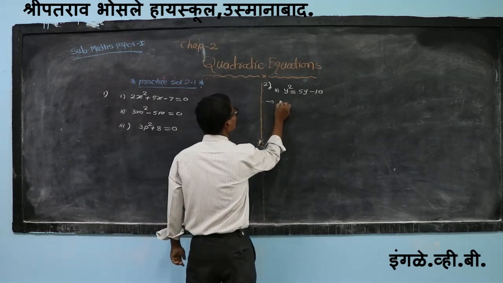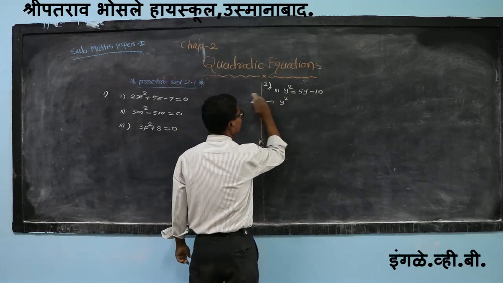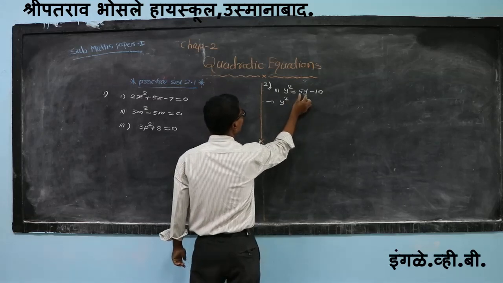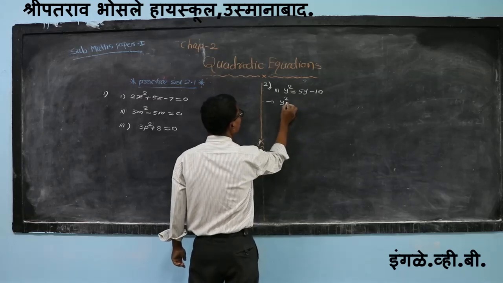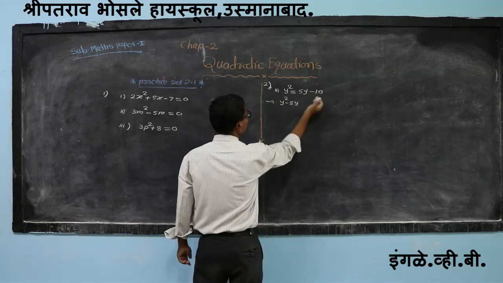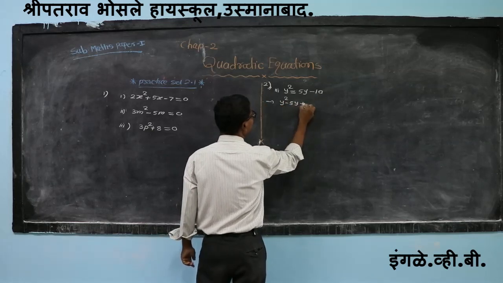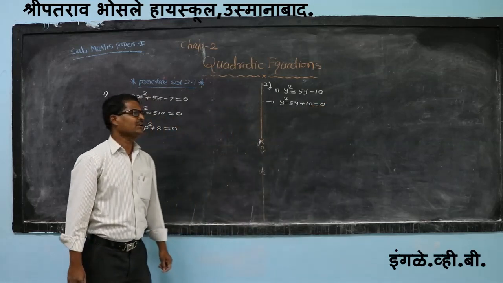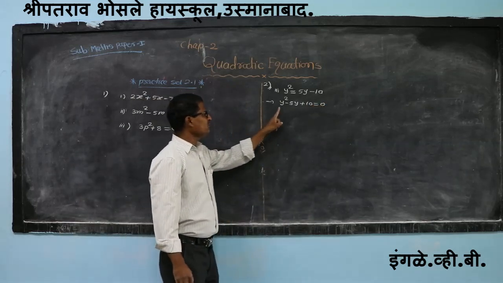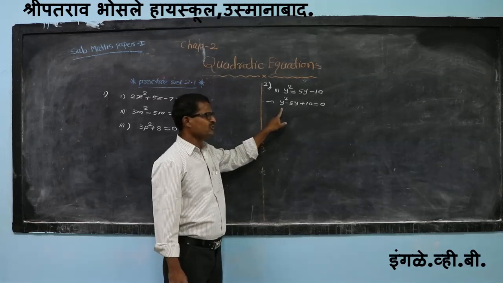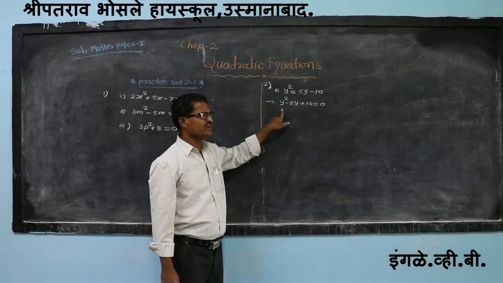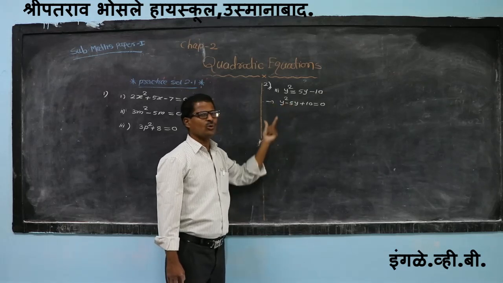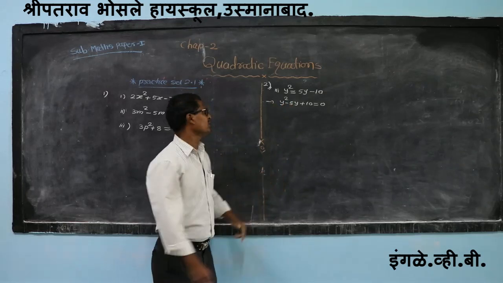So y square, take 5y to the left hand side, it becomes minus 5y, and minus 10 becomes plus 10, is equal to 0. Here we see that in the equation there is only one variable, that is y, and the highest degree of the variable is 2. So this is a quadratic equation.